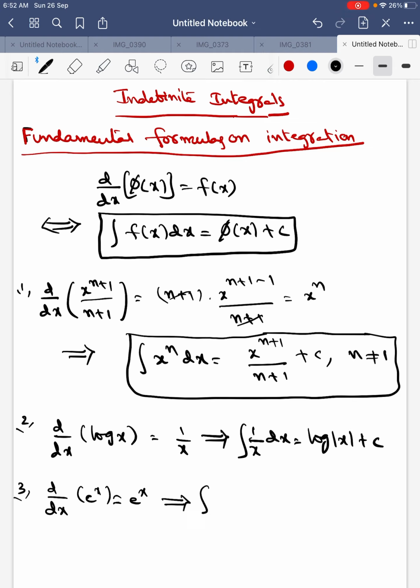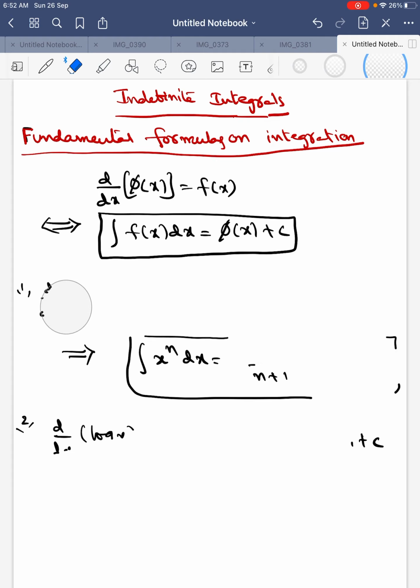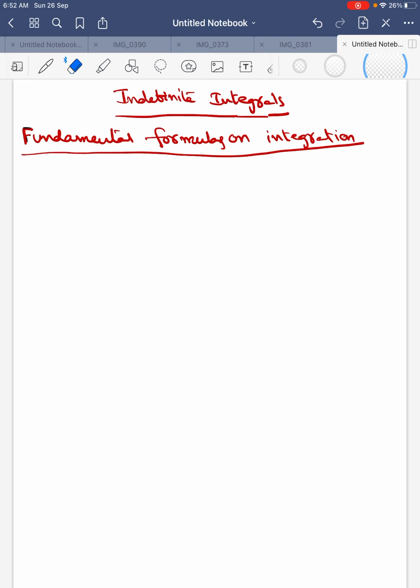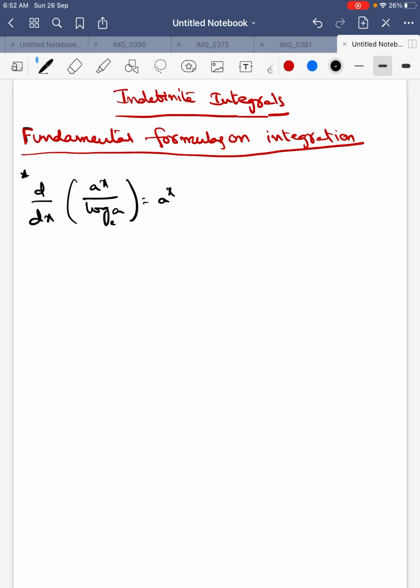That implies integral e power x dx is equal to e power x plus c.